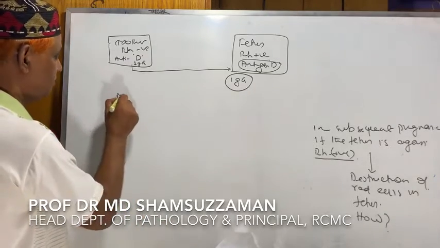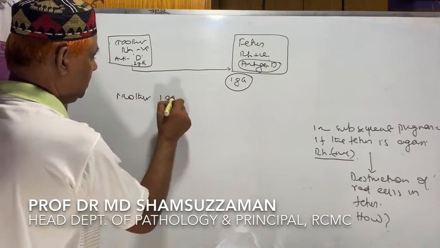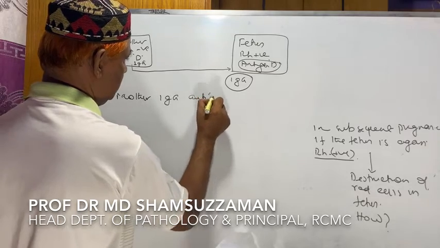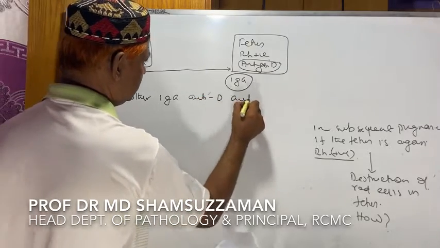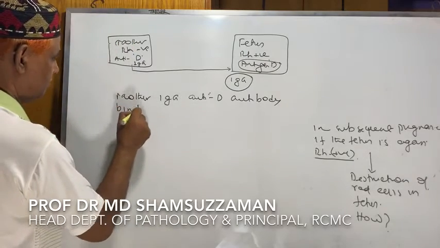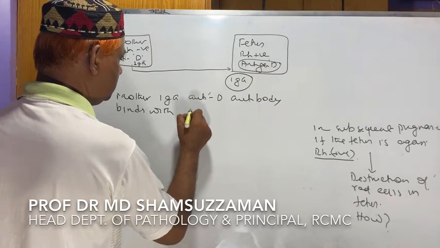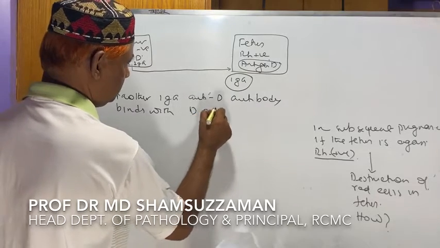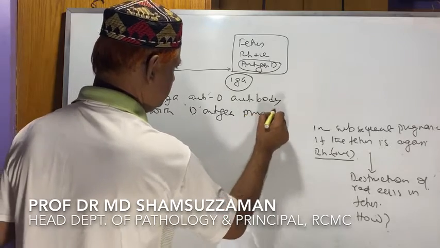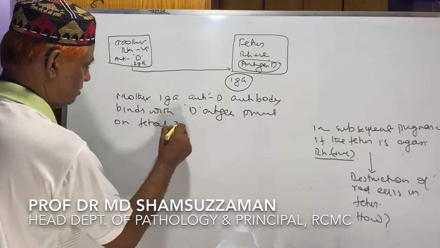So, the mother's IgG anti-D antibody binds with D antigen present on the fetal red cell.